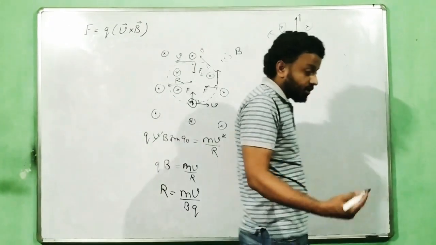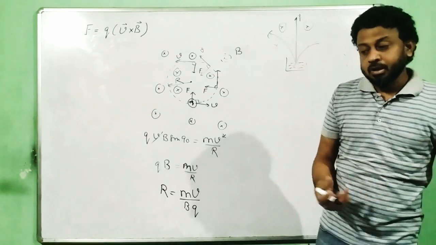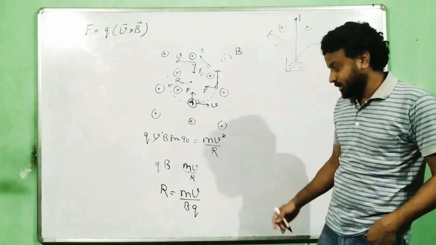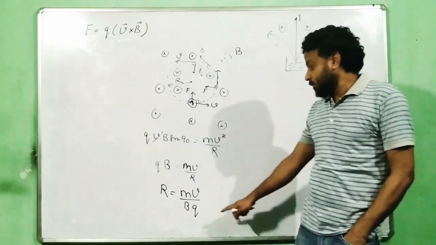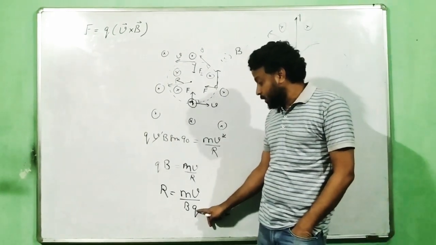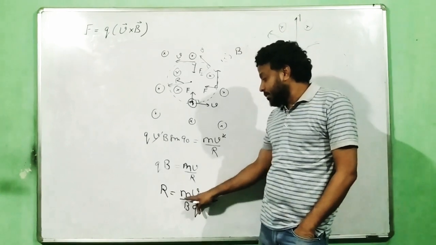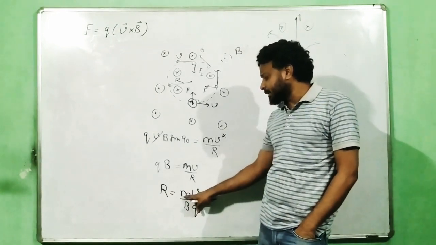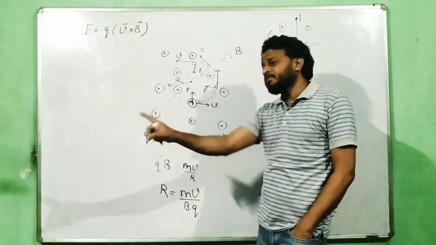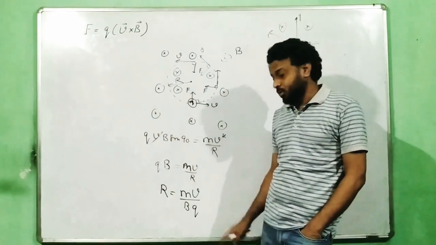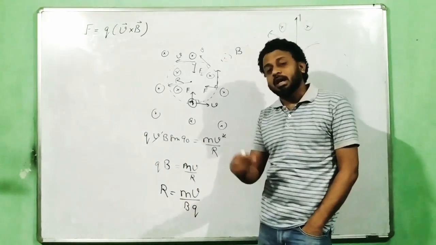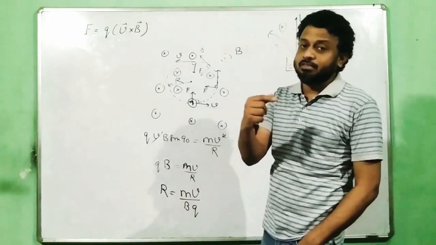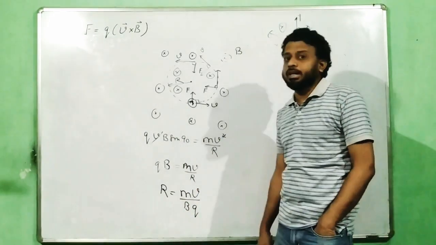Now this is a very important thing which I am going to tell you. Electron has less mass compared to proton, but both of them will have the same charge. So for the same velocity and same q, whichever has less mass will have less radius, and whichever has more mass will have more radius.